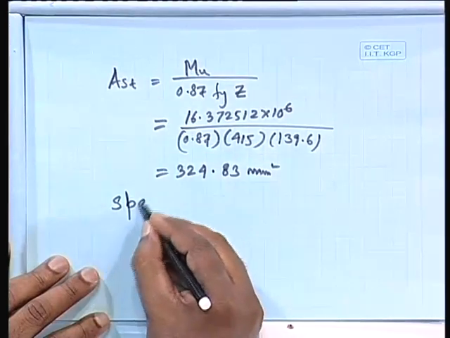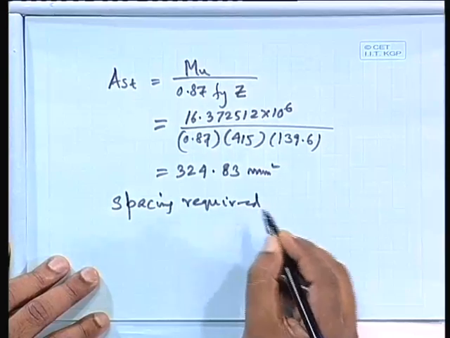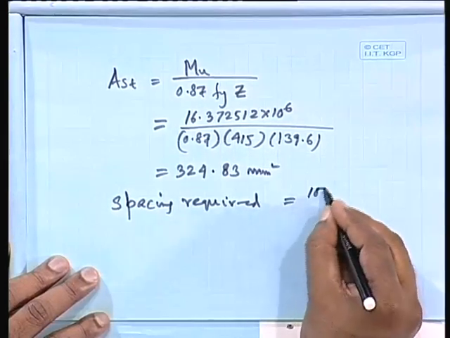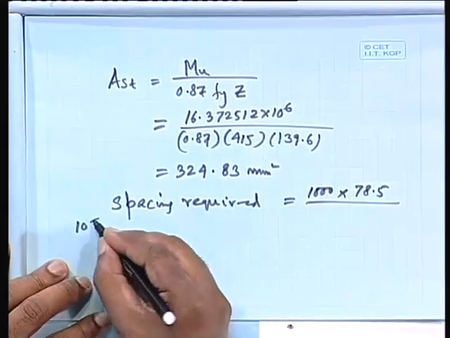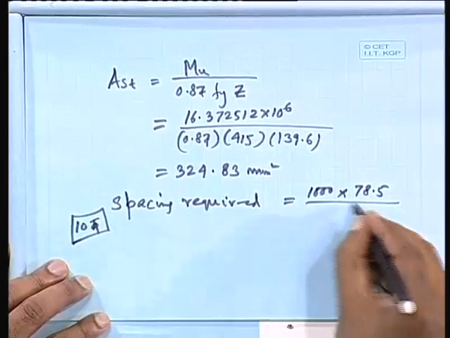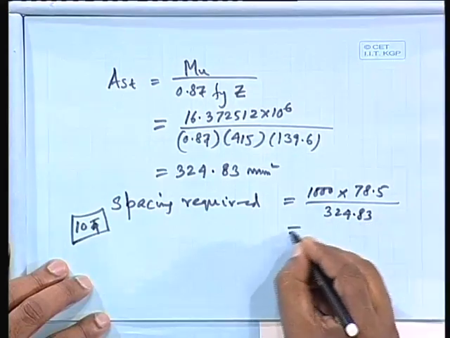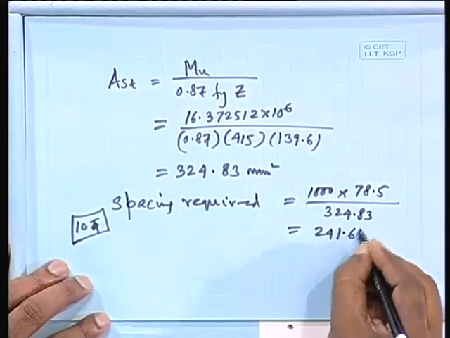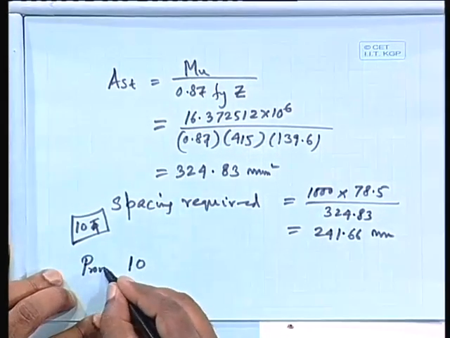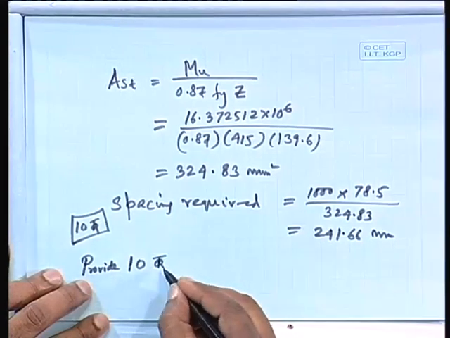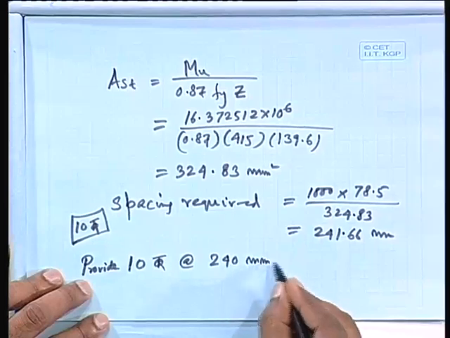So spacing required equal to 1000 times 78.5, I am using the 10 torr bar, divided by 324.83, which comes as 241.66 millimeter. Let us provide 10 torr at the rate of 240 millimeter center to center.